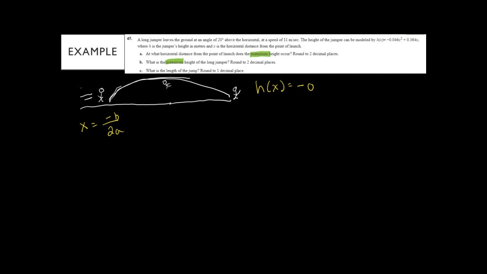And that's equal to negative 0.046x squared plus 0.364x. We actually have no c here because it's starting on the ground. So negative b, and b is the 0.364, divided by 2 times a, which is negative 0.046. So just pull out your calculator.